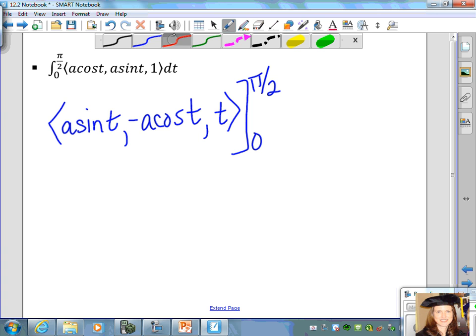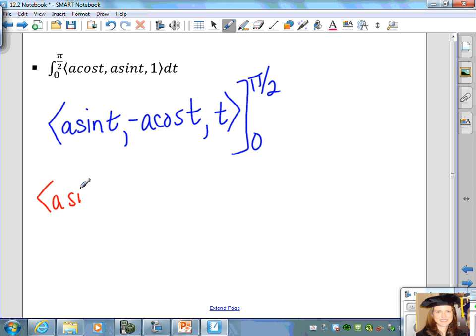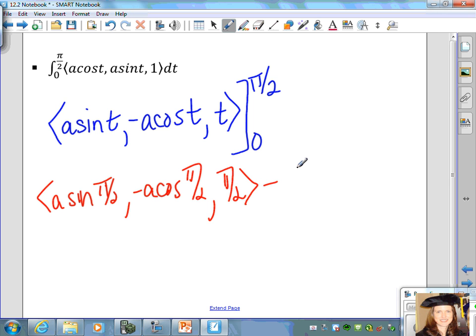We're going to evaluate that at the bounds from 0 to pi over 2. When we plug in pi over 2, we get a times the sine of pi over 2, negative a cosine of pi over 2, and pi over 2. Subtract what you get when you evaluate the lower bound, so a sine of 0, negative a cosine 0, and 0.